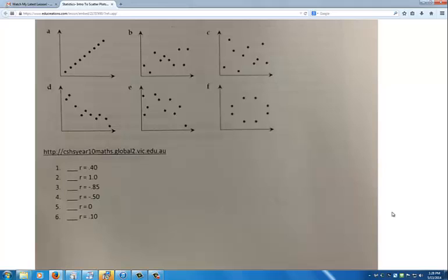Let's look at a quick example where we'll match each graph to the appropriate correlation. Let's look at number 1. r equals 0.4. So we're looking for a positive slope with a moderate to moderately weak association.